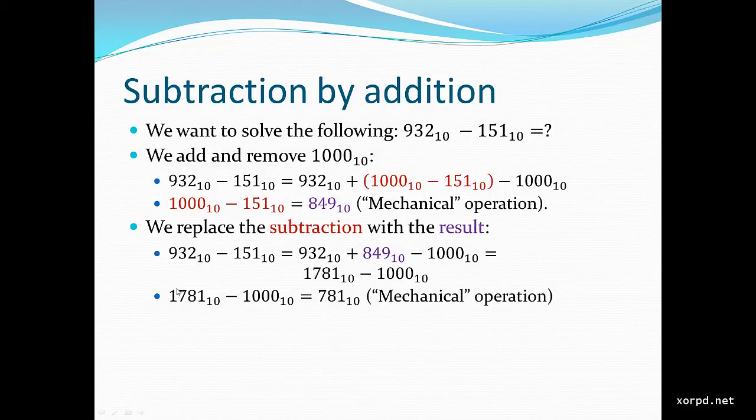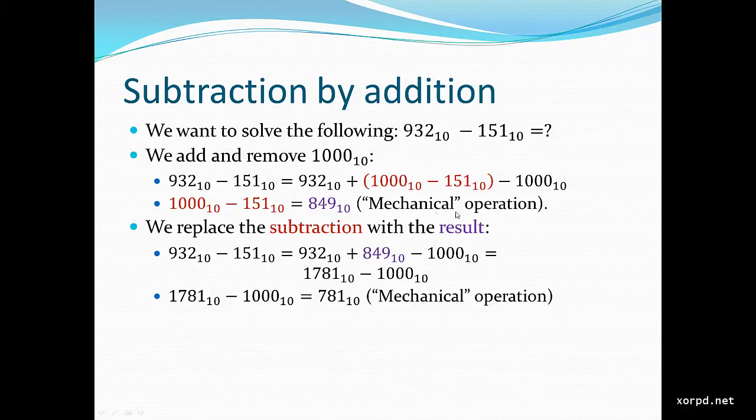We just remove the 1 in the end. And this is pretty magical. So instead of subtracting those two numbers, which could be pretty hard, we just turn this equation, or maybe exercise you could call it, into two mechanical subtraction operations and one real addition operation.